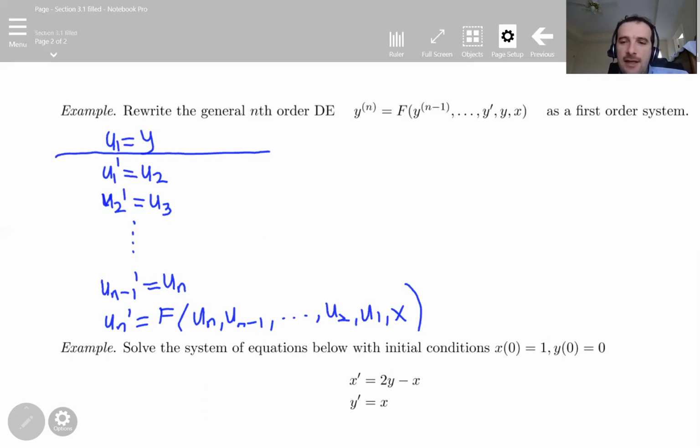Since the original is a differential equation of order n, an nth order differential equation, now I have n first order differential equations. So I'm representing this differential equation as n different first order differential equations. In other words, I'm representing this nth order differential equation as a system of first order differential equations.